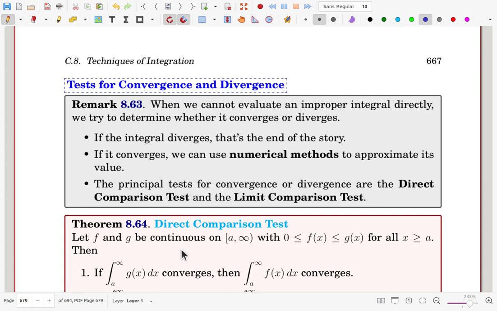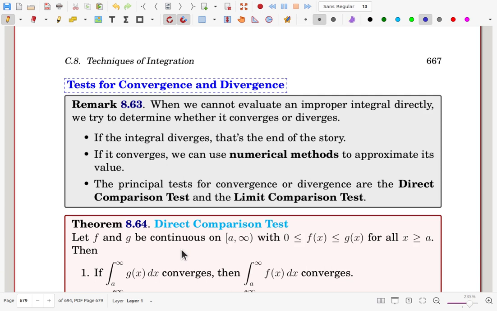In this case, first we have to decide whether the improper integral converges or diverges. If the integral diverges, then that's the end of the story, because even if you try to get the value using some other technique, the value will be infinity.